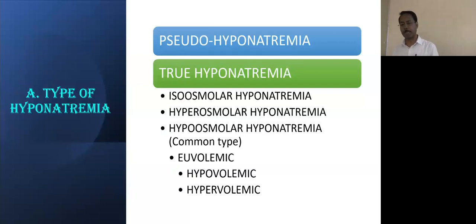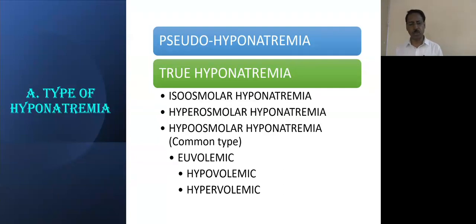The first step is to say whether the person really has a true hyponatremia. That means there is something called pseudo-hyponatremia. Once we rule out pseudo-hyponatremia and say this is a true hyponatremia, then we look at the tone, or the osmolality, of the blood, and we classify them as isosmolar, hyperosmolar, or hypoosmolar.